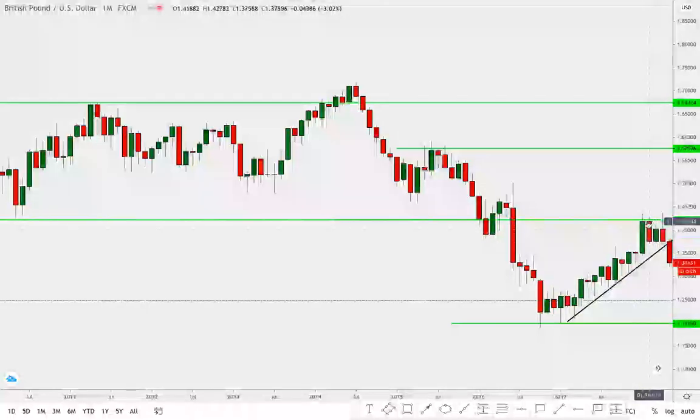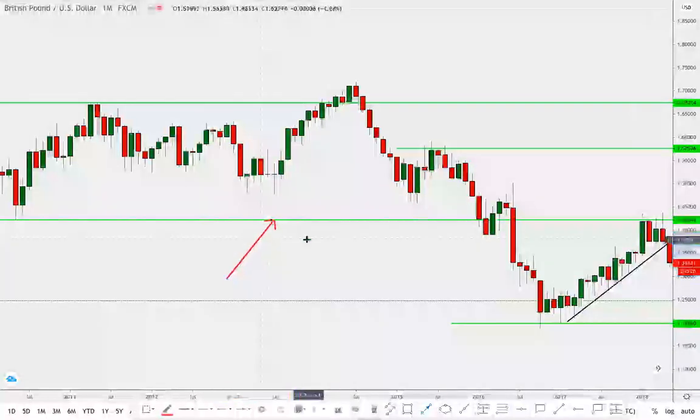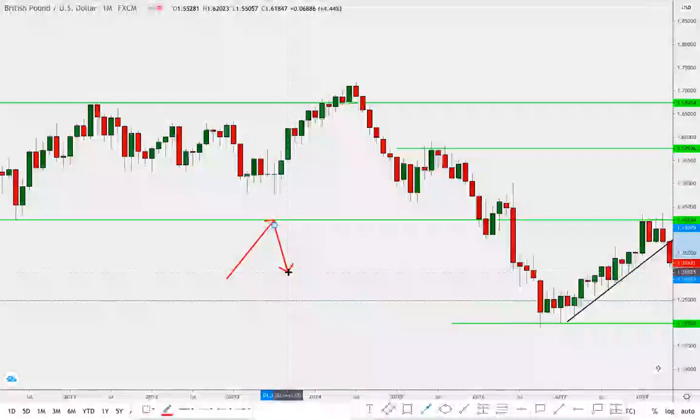If a market gets to a major level and we don't want to break that major level, the market will come and at least touch it again before we start heading down. So, let's say we attempt this level and we pull back. What usually happens is we come to attempt again, so a double top, basically.